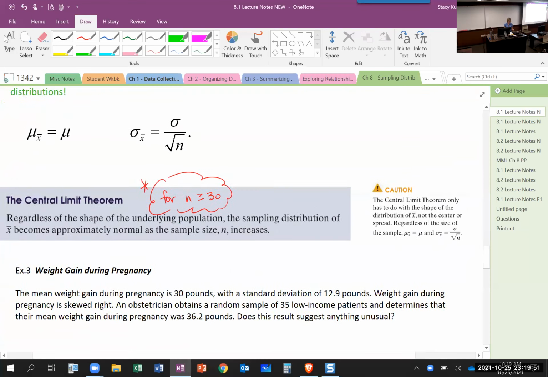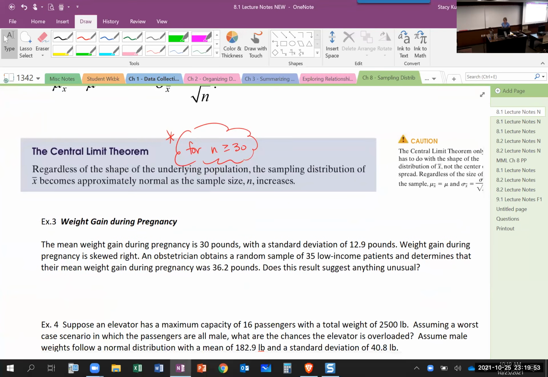This is where I want y'all to start seeing it. That is the definition of the central limit theorem: regardless of the shape of our underlying population, no matter what the shape is, the sampling distribution becomes normal as the sample size increases.